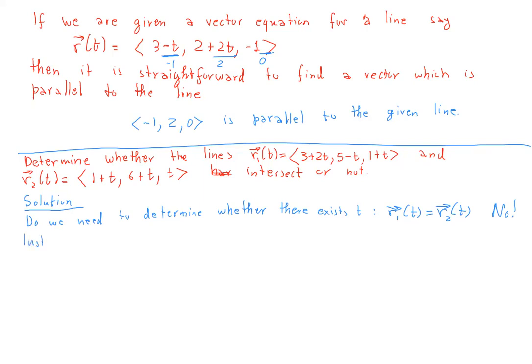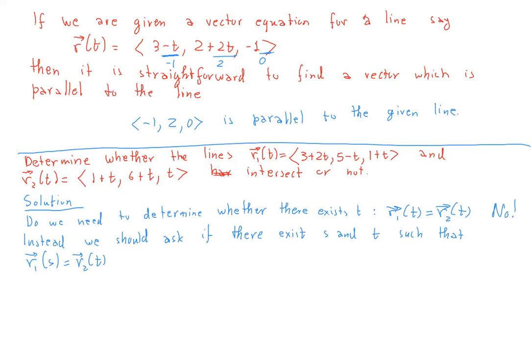so instead, we should ask if there exist two different times, so there exist S and T, such that R1 of S is equal to R2 of T. So different times.